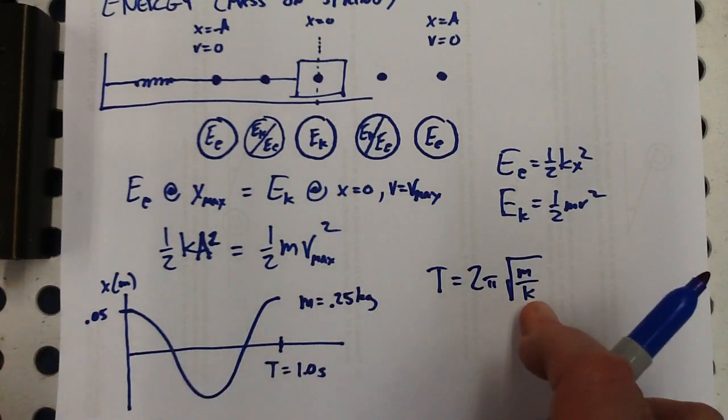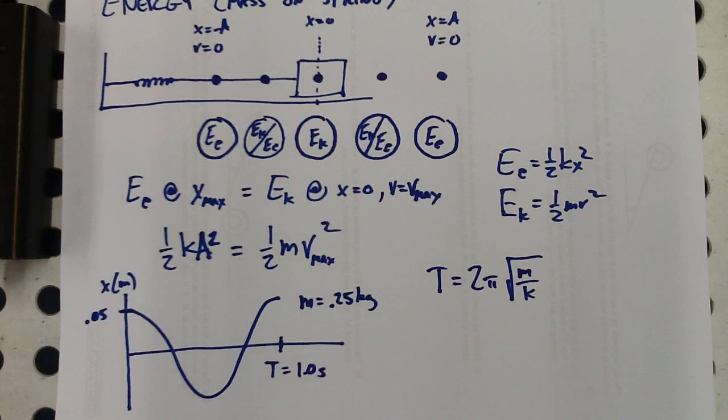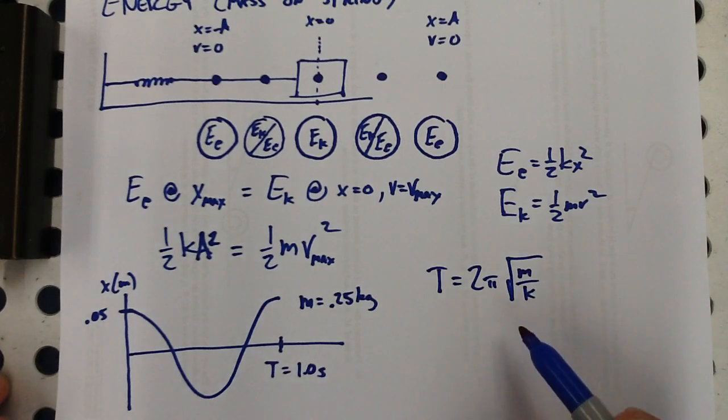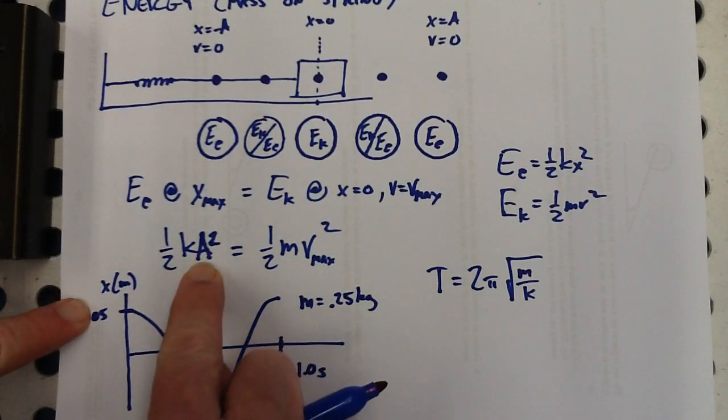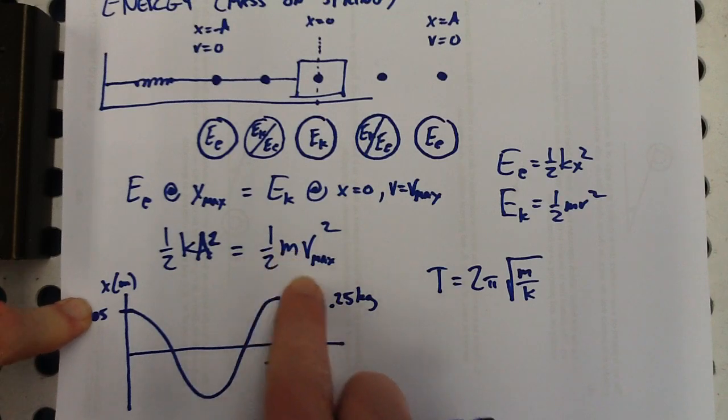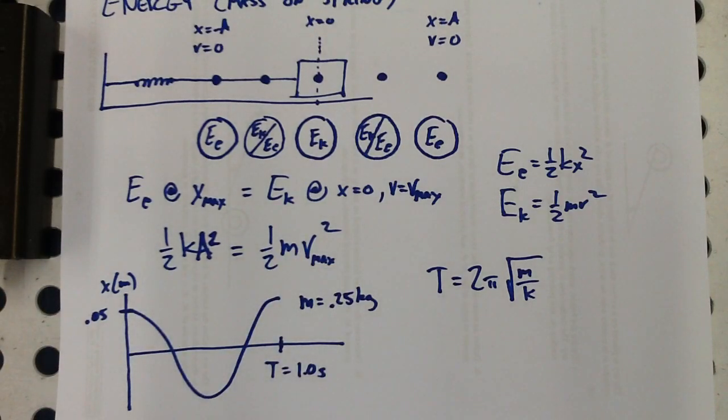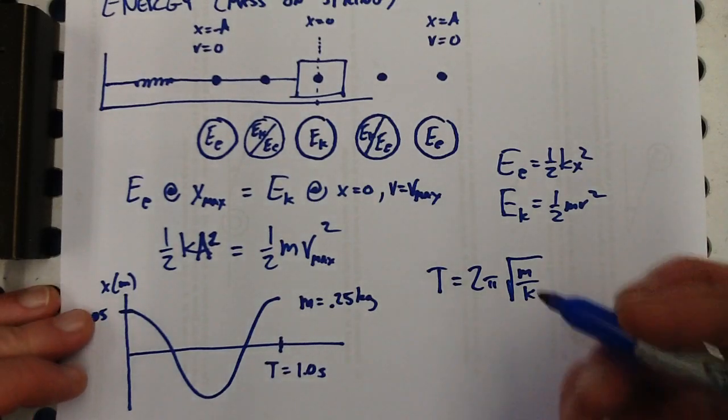So I can figure out what the k is by doing a little algebra with this. I'm going to do that in a second. And if I can figure out what the k is, then I know what the k is, I know what the amplitude is, and I know what the mass is, so I can figure out what the Vmax is from there. Now that's pretty cool. So that's what we're going to try to do.